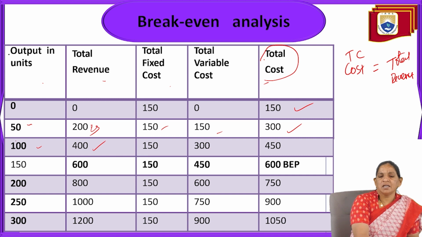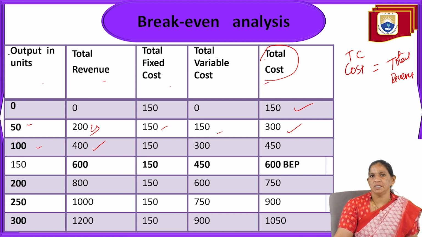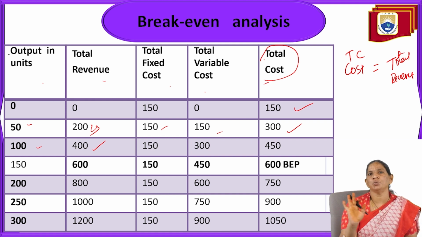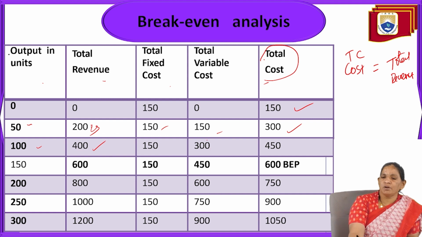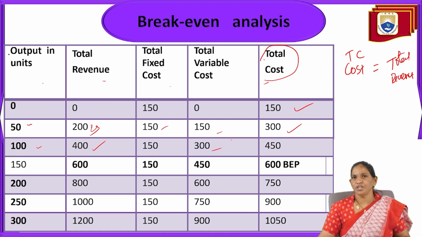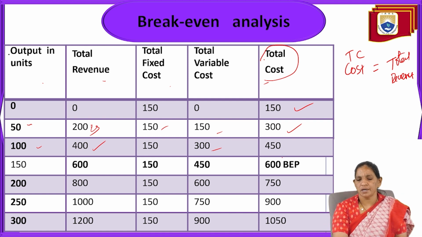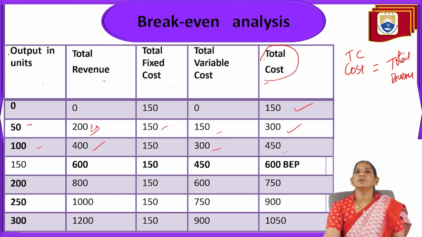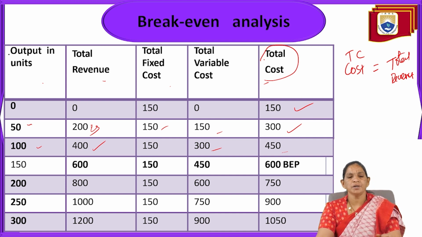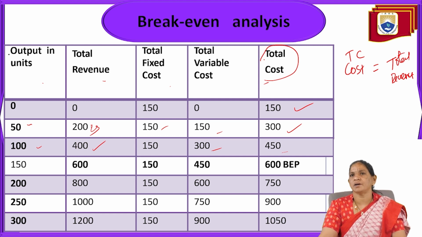But as another 50 units of production was added, the variable cost will change according to the units. So for the other 50 we have attached another 150 as variable cost, and the total variable cost is 300. So we identify a total cost of 450 rupees. The total revenue is 400, but the total cost involved is 450.